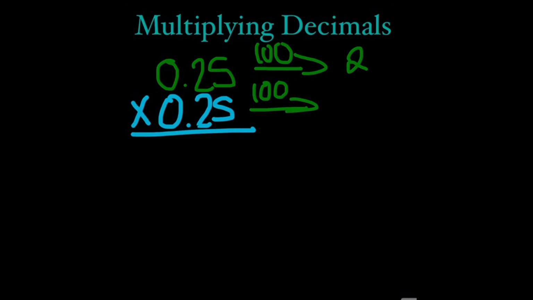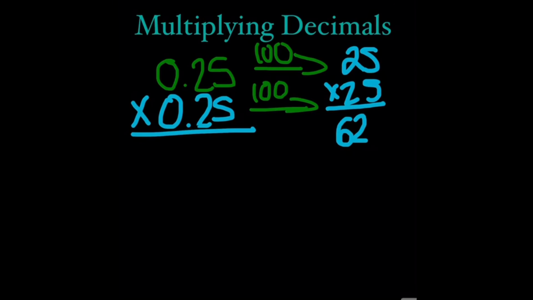This just gives us 25 times 25. And when you actually solve this, you should get 625.